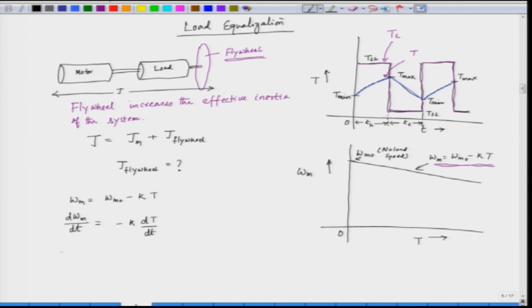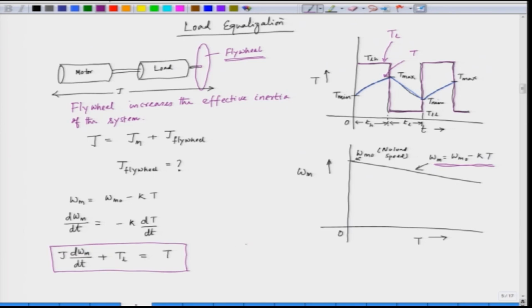The motor equation is J d omega m by dt plus T L equal to T. This is the very popular equation for the load and motor, where J d omega m by dt is the inertial torque, T L is the load torque, and T is the motor torque.